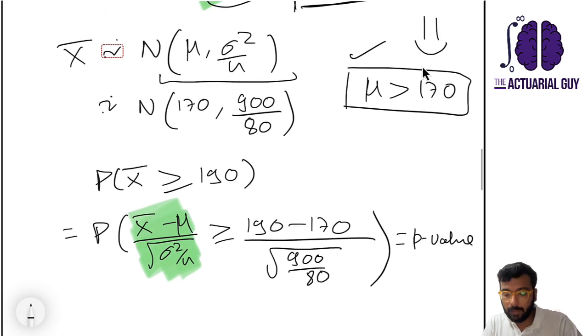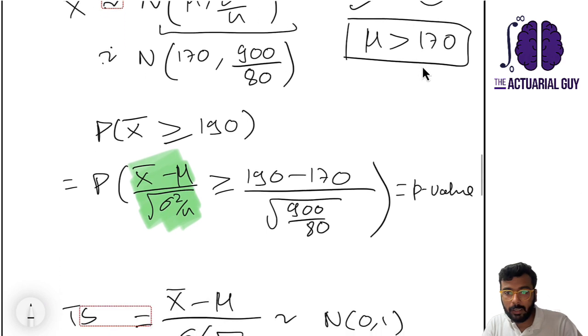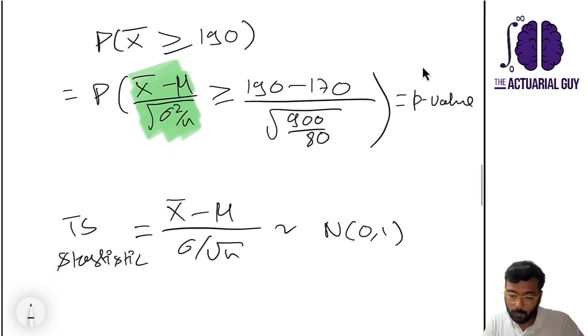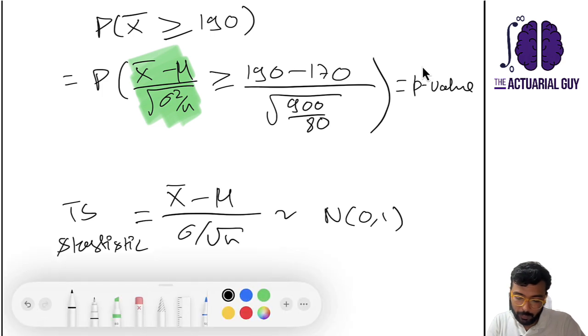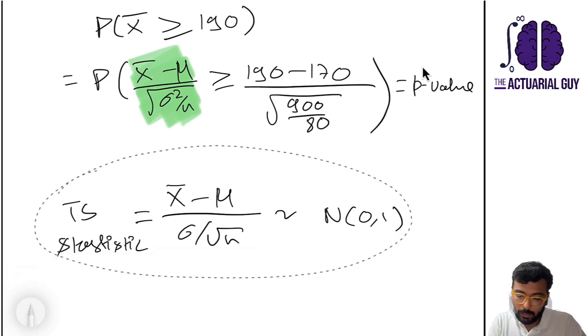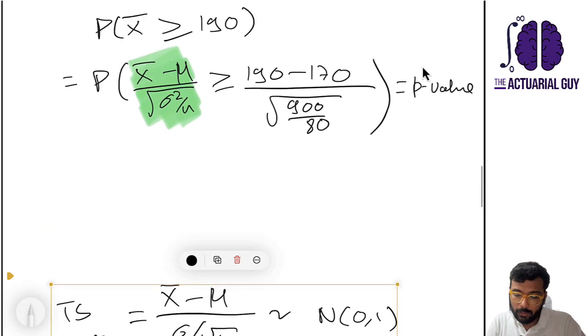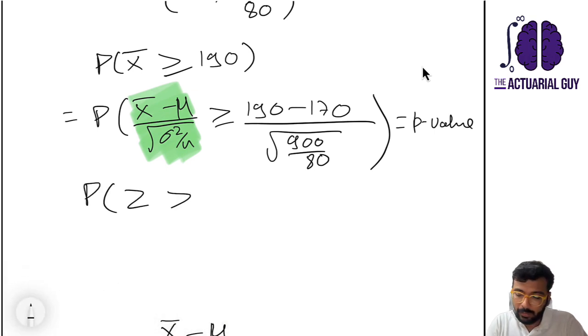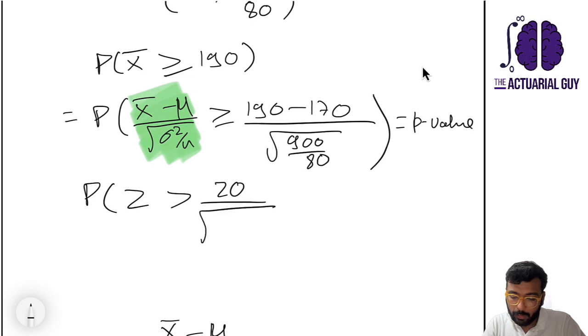I subtracted the mean and divided by the standard deviation, so now this quantity has a standard normal distribution. This is the starting point usually.